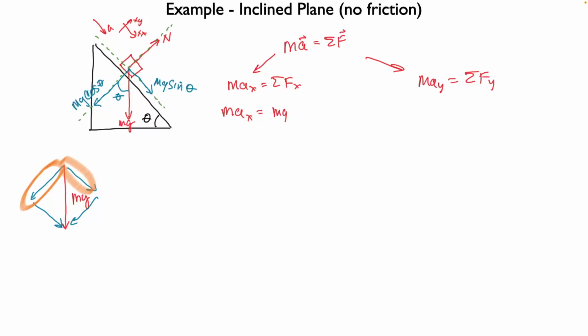It's mg sine theta. This one right here is the only one pointing along the x-axis. What direction is it pointing, positive or negative? Why are you saying positive? Because our coordinate system was positive down the slope, wasn't it? So I'm going to go ahead and put a positive sign on that.